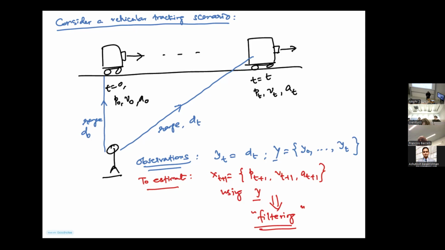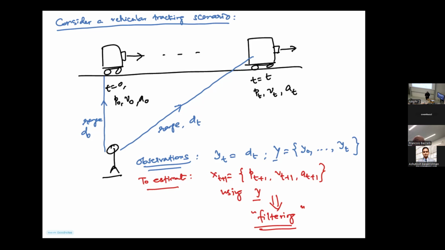So assume we have a vehicle, say at time t equal to 0, and it is moving in a straight trajectory. At time t, the initial position is represented as p, the velocity v, acceleration a, and there is a third observer who is at some place away, as an outside observer.